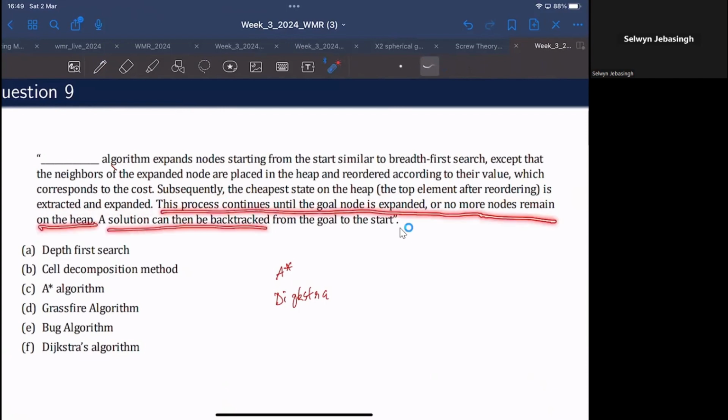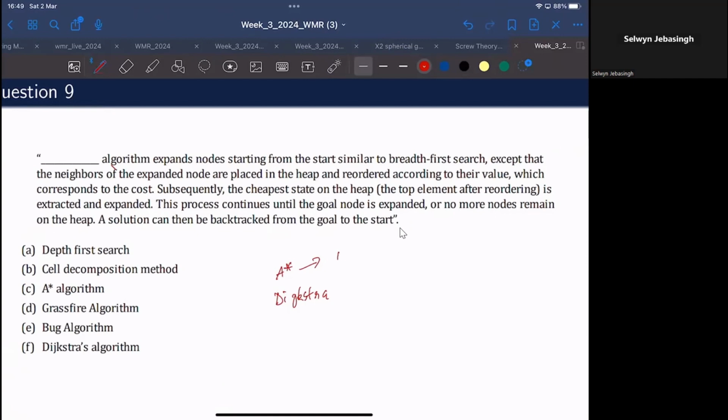A solution can then be backtracked from the goal to the start. So this applies to both A star and Dijkstra, except the heuristic cost of A star is not zero, whereas in the case of Dijkstra, it has zero heuristic cost.